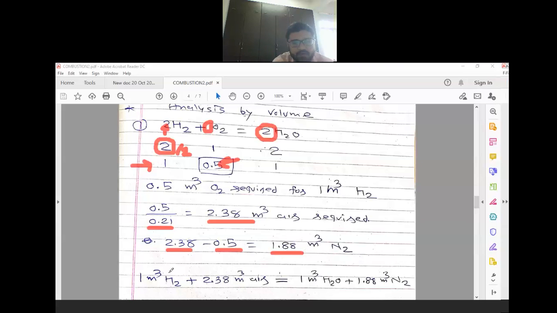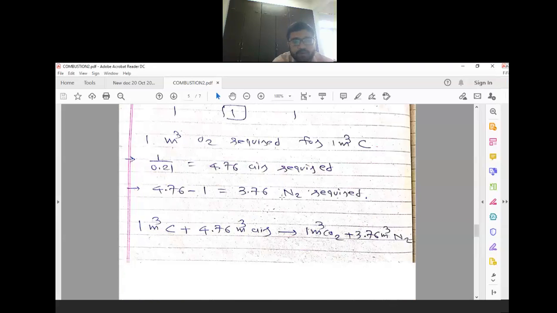And finally you have to write the formula that for 1 meter cube H2 you have to use 2.38 meter cube air, output will be 1 meter cube H2O and 1.88 meter cube nitrogen. I hope you have understood this volumetric analysis.